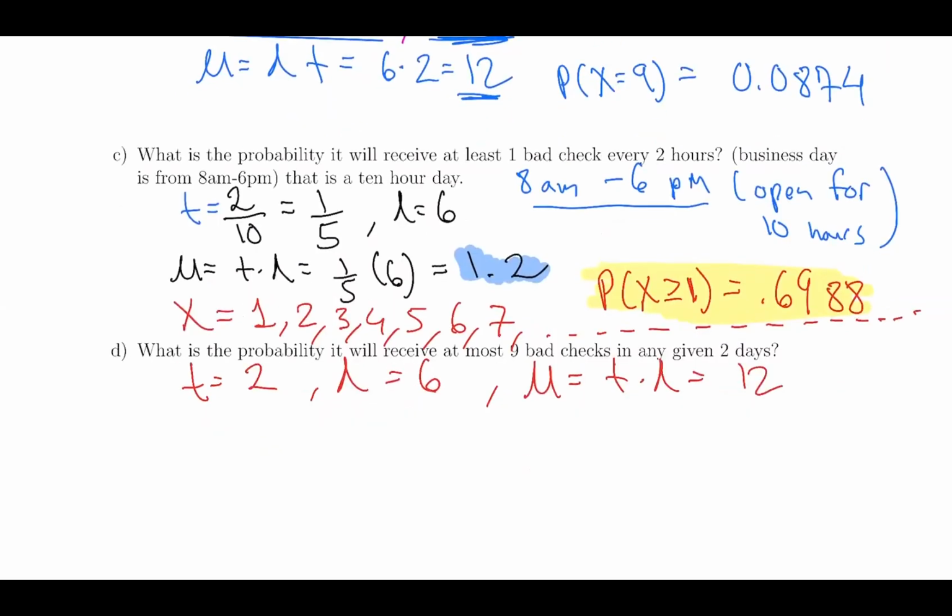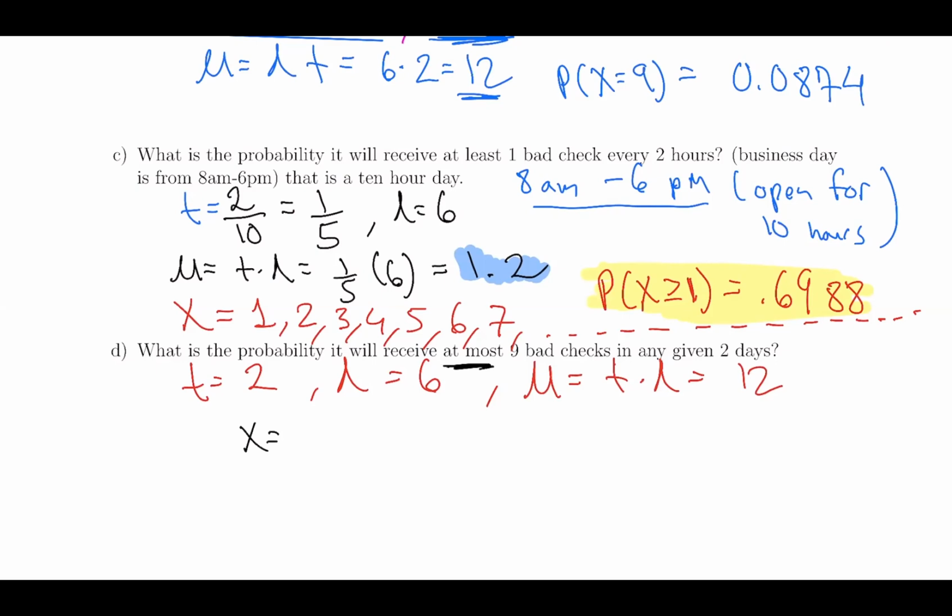For this problem, what's going to be my x value? Or do I have multiple x values? Well, for this one, you should have multiple x values because the keyword here is at most. And most means that's the highest it could go, but it could be anything lower than that.